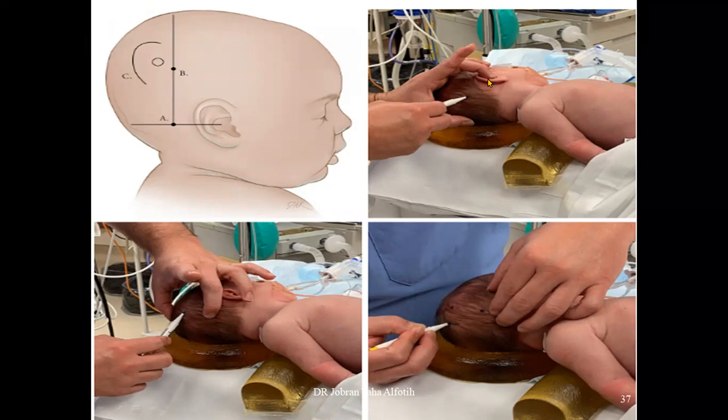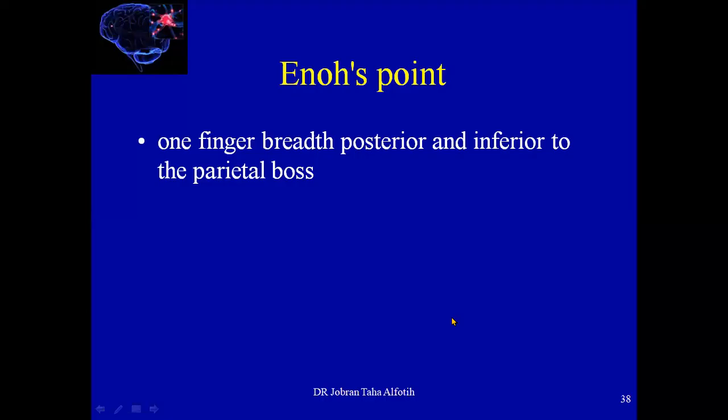As we see here, we marked the first line and point A. After that, from point A to the vertex, we make a point B, which is the halfway of this line, and posterior and superior to this point is the flat area. It will be the entry point of your catheter.